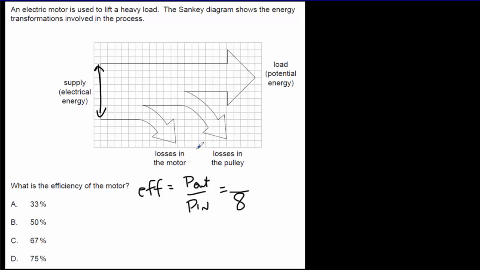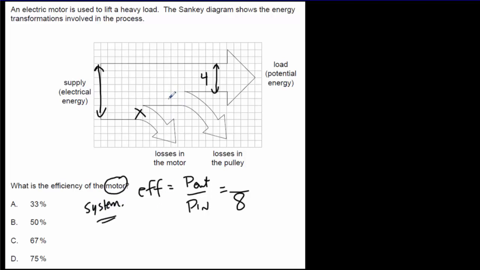Now for the output power, no doubt we've got to include this. This is lifting up the load. That's definitely useful power. And we definitely don't want to include these 2 units because we know that those are losses. But what we've got to be careful of is they're asking for the efficiency of the motor. They're not asking for the efficiency of the system.